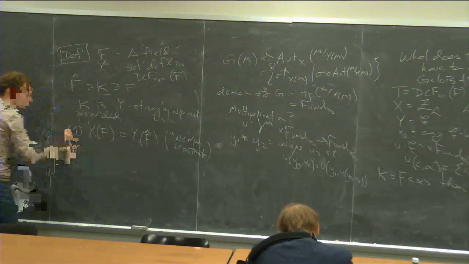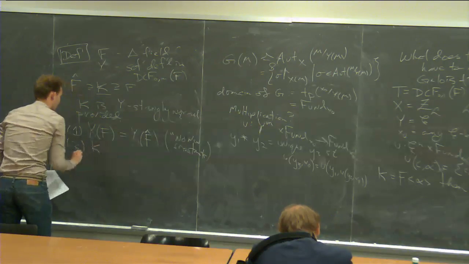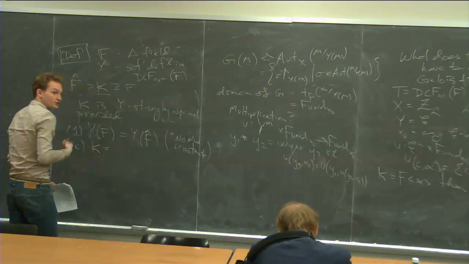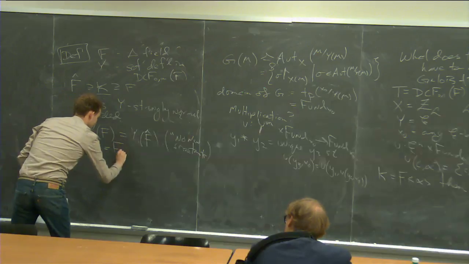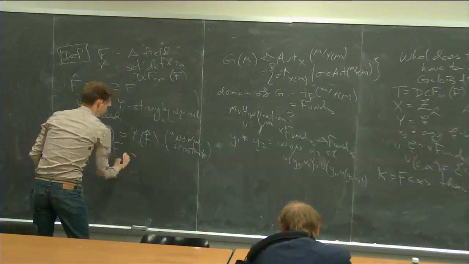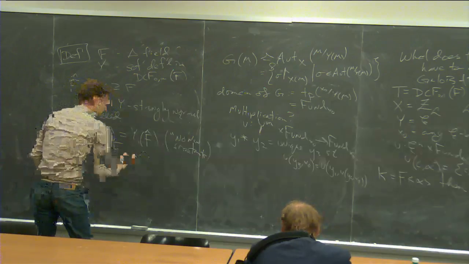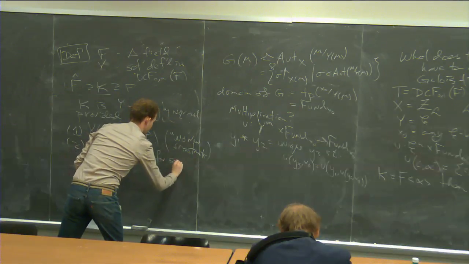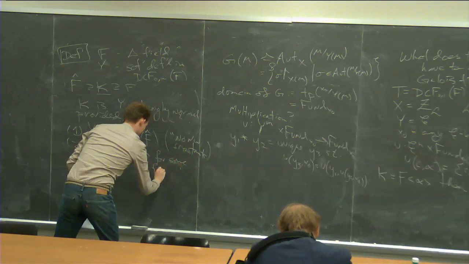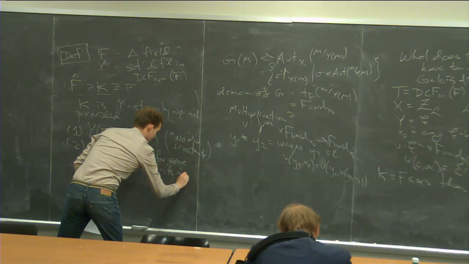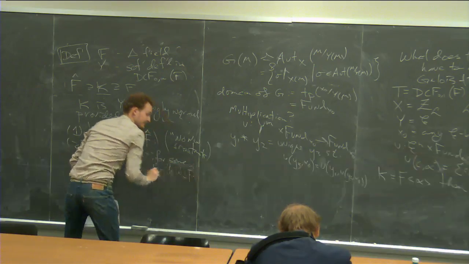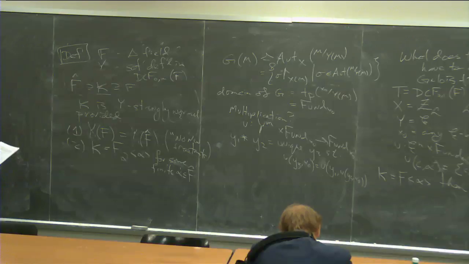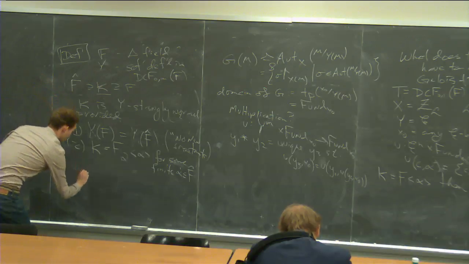The second condition is that K is differentially finitely generated over F, so for some finite alpha inside the differential closure. And finally, a normality condition.